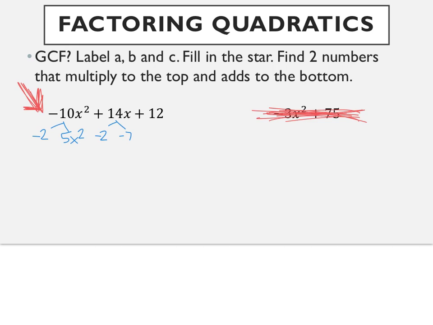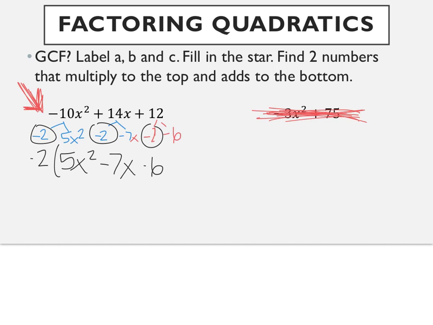So I saw here that negative 2, if I divided negative 10x squared by negative 2, that would leave me with positive 5x squared. Here, 14x divided by negative 2 would leave me with negative 7x. And 12 divided by negative 2 would leave me with negative 6. So my greatest common factor is negative 2. The leftovers are 5x squared minus 7x minus 6.